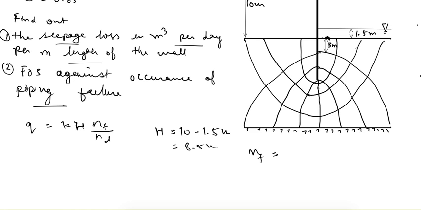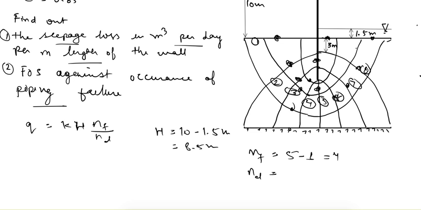NF we can again find out. Flow lines are 1, 2, 3, 4, and this sheet pile also, so 5 flow lines. So flow channels will be 5 minus 1, that is 4. Equipotential drops: 1, 2, 3, 4, 5, 6, 7, 8, 9.